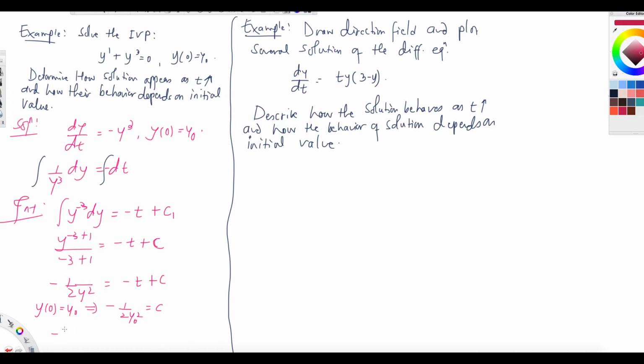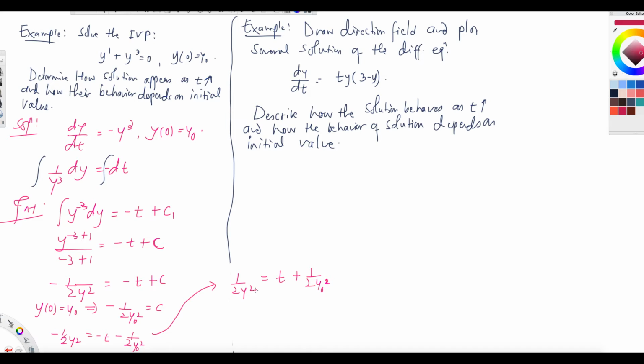You get negative 1 over 2y squared equals negative t minus 1 over 2y0 squared. You can multiply both sides by negative 1, because all of those terms have negative signs. So you get 1 over 2y squared equals t plus 1 over 2y0 squared.